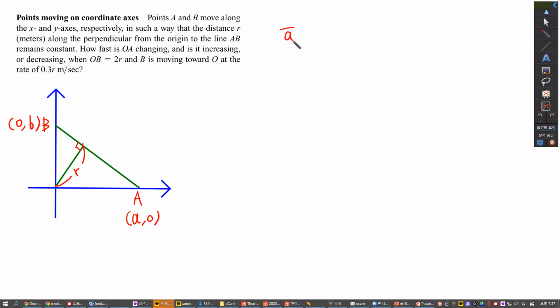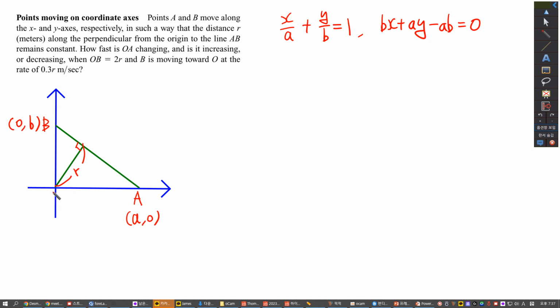If we know the x and y intercepts, we can set up this equation. And if we multiply AB to both sides, we can make this standard form.